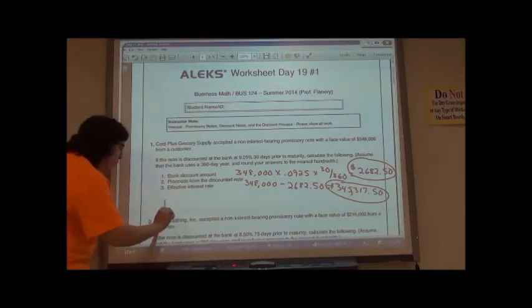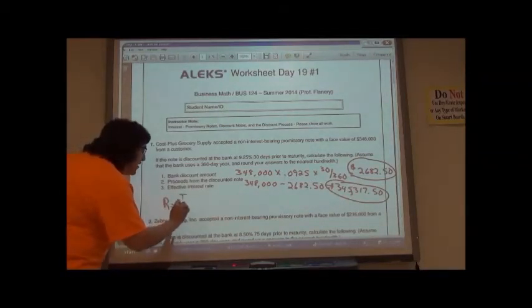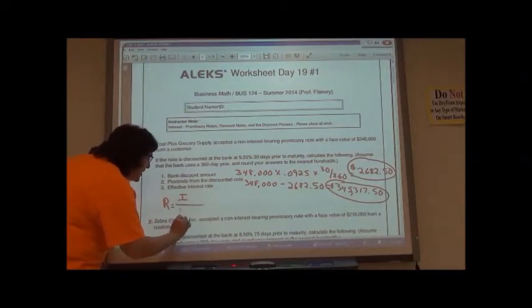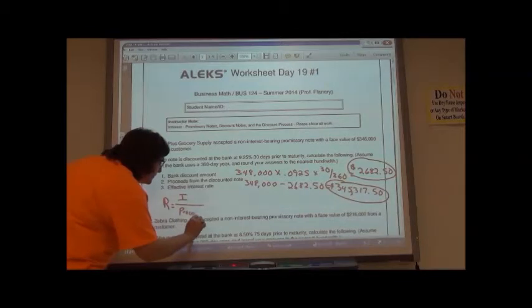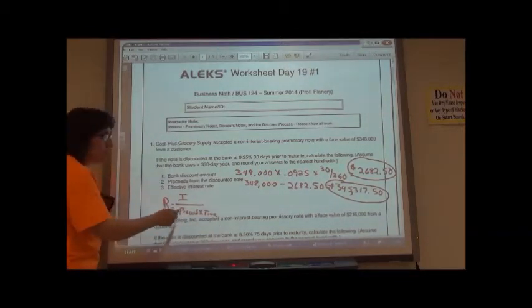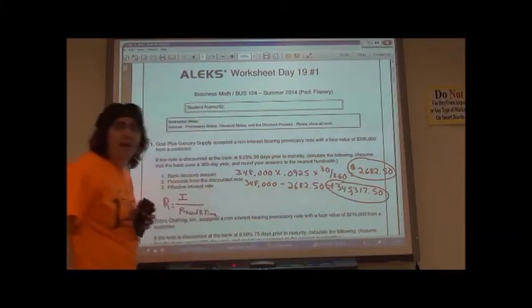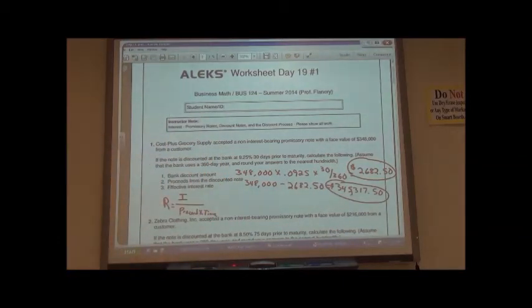Now we want to find the effective interest rate. So remember, when we were looking for the rate, we were taking the interest, and in this case we're going to take it divided by the proceeds times the time, because the proceeds is actually the amount of money that that person is going to go ahead and collect. So I'm going to take the interest.